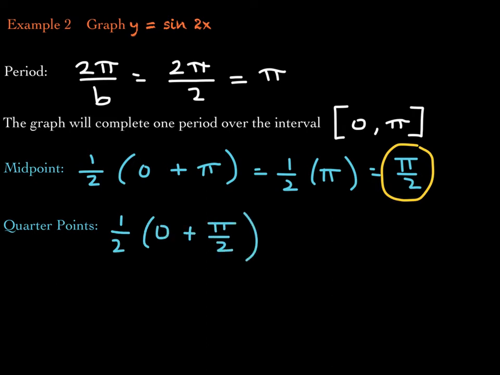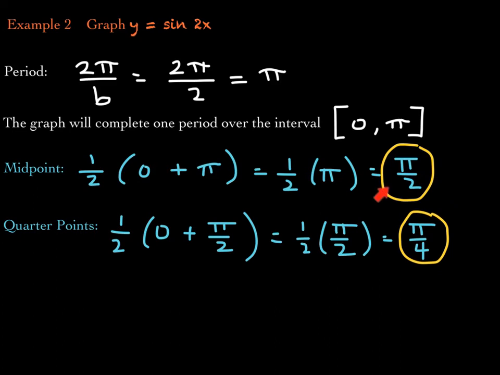This is your left endpoint, and this is your midpoint. So it's half of pi over 2, which is pi over 4. Pi over 4 is your first quarter point. Technically, your second quarter point is already found. It's your midpoint. This is called your midpoint or your second quarter point.